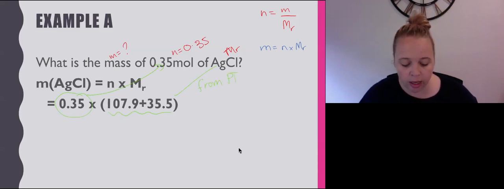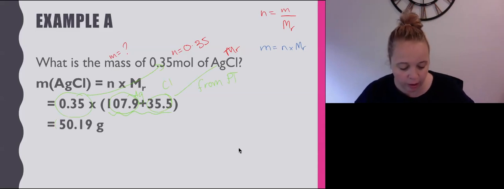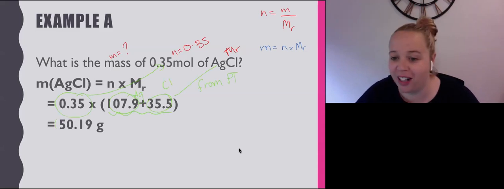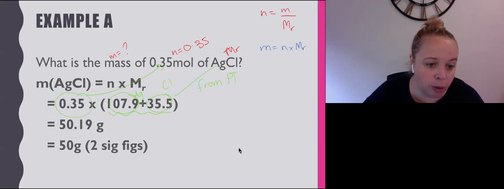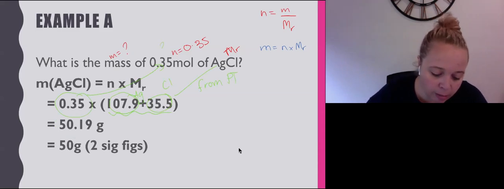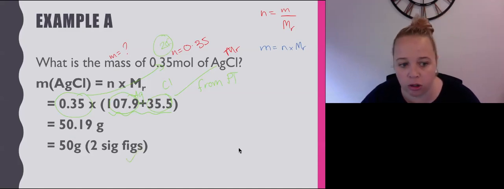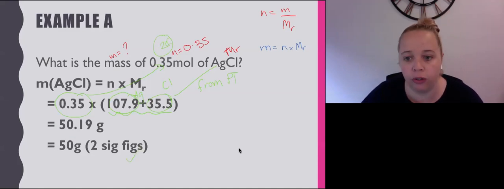So the mass of silver is 107.9. The mass of chlorine is 35.5. So that's where those numbers have come from. You multiply all of that out and you get 50.19 grams. Because my question is only in 2 sig figs, my answer can only be in 2 sig figs. So we've got to round that to 50 grams.